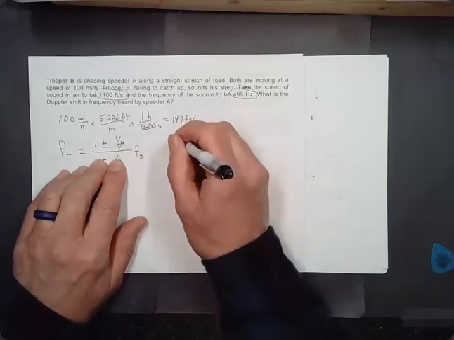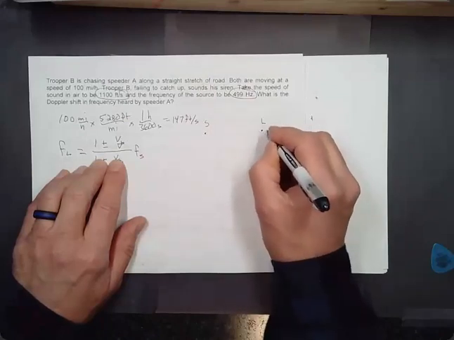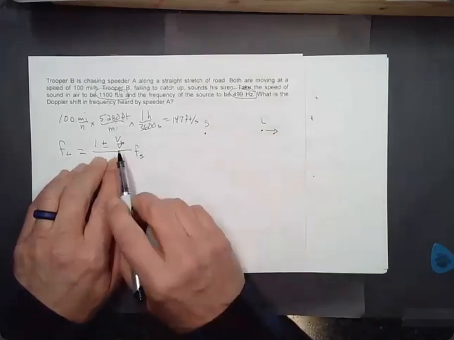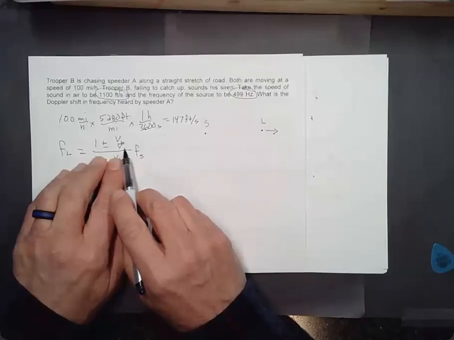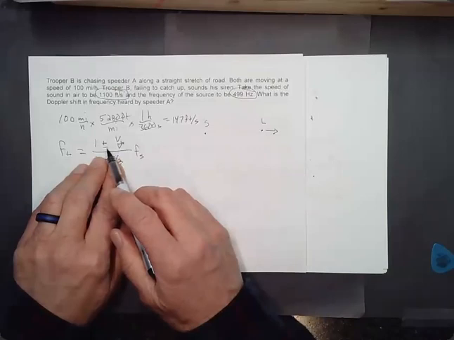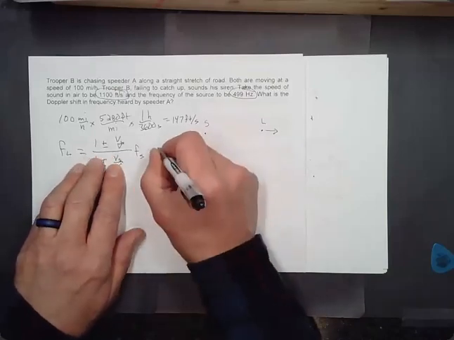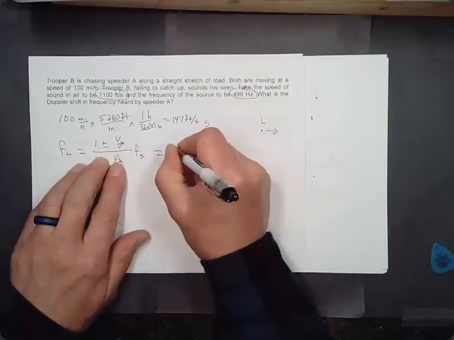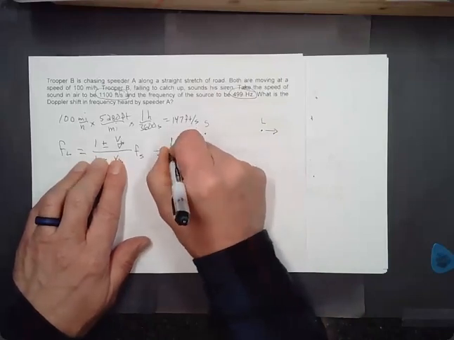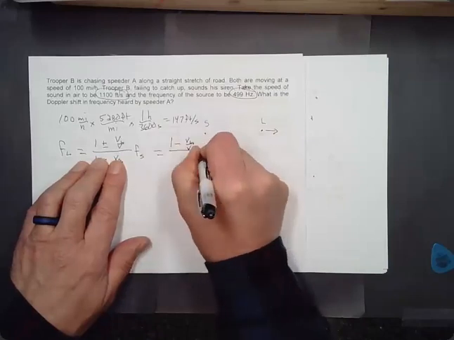If the source was at rest, they'd hear a lower frequency. What sign would I put on top for them to perceive a lower frequency? I'd have a minus sign on top. So I pretend for a moment that the source is not moving, so I'd have 1 minus V_L over V.